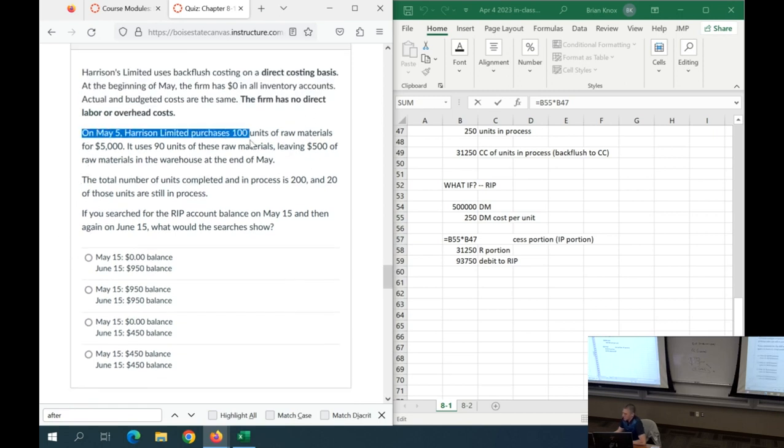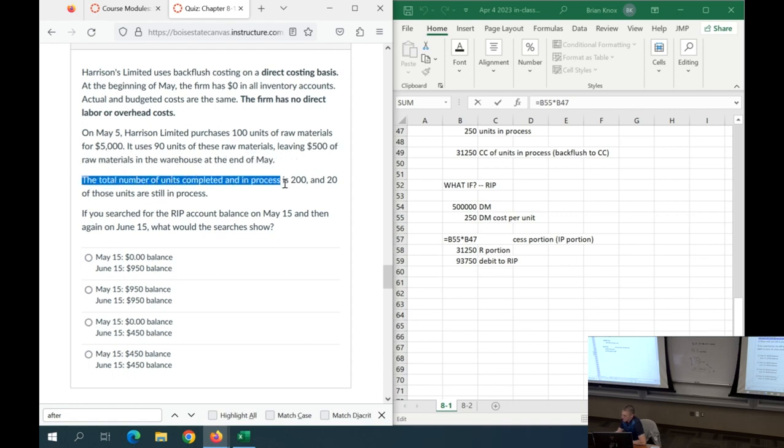All right, and then we have some information here about May. We purchased 100 units of raw materials for $5,000. Uses 90 units of raw materials. You have $500 of raw materials in the warehouse at the end of May.